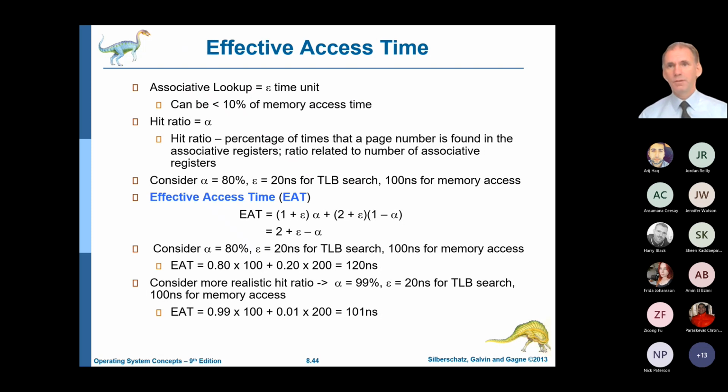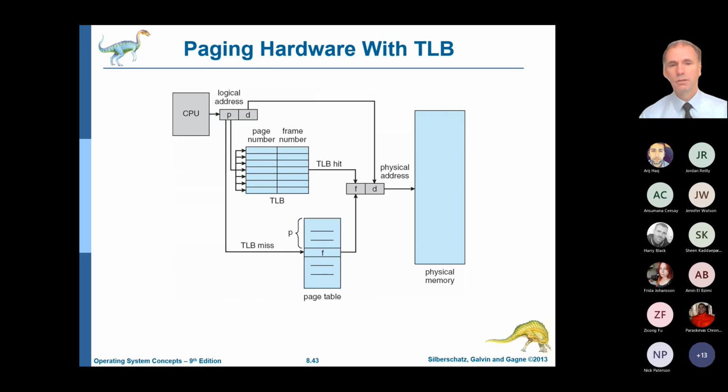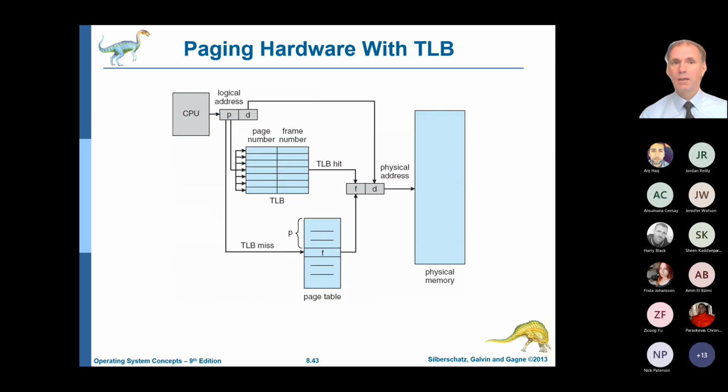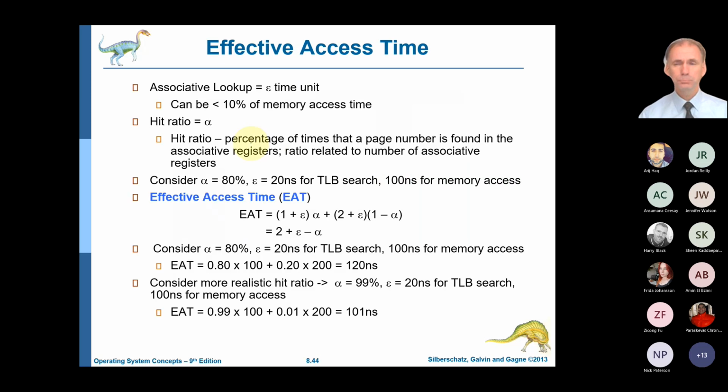But it depends on the size of your TLB. It depends on the size of your cache. Depending on the size of the cache depends how often you'll get a hit in your TLB. And the more often you get a hit, the faster it is. The less often you get a hit, the slower it is. So that all gets added in.